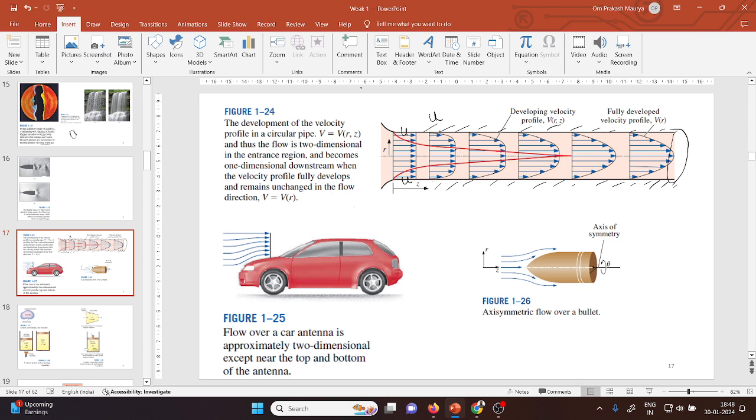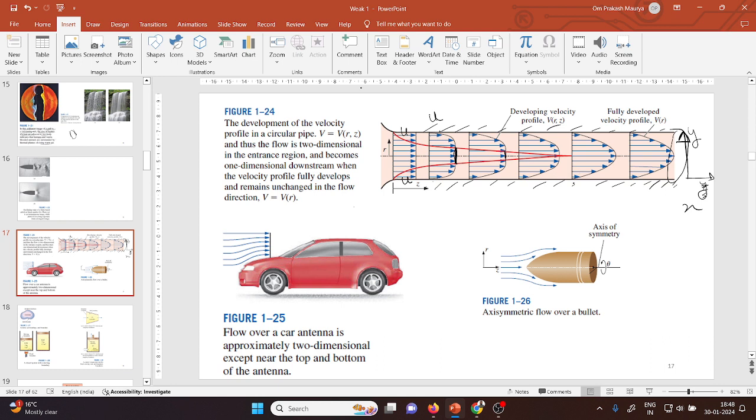If you see the uniform velocity distribution, let's suppose this is the x direction, this is the y direction, no, this is x. So here the depth of your uniform distribution is more, comparatively here the depth is less, and here the depth is 0, the uniform distribution is 0.